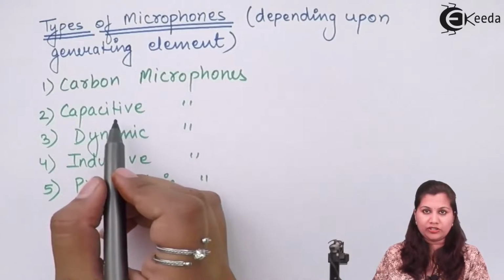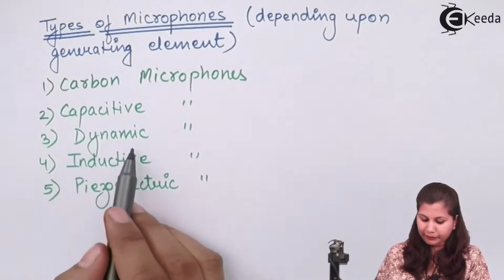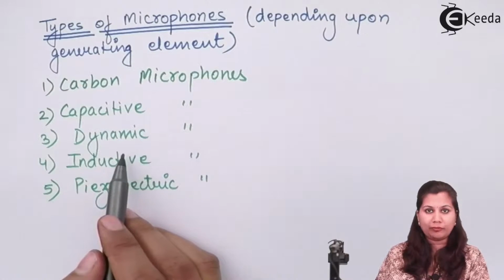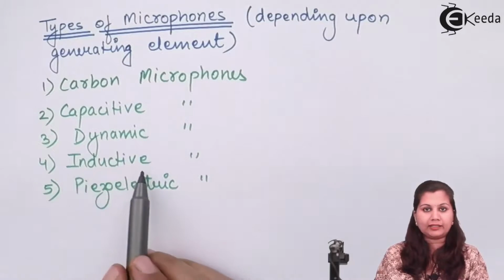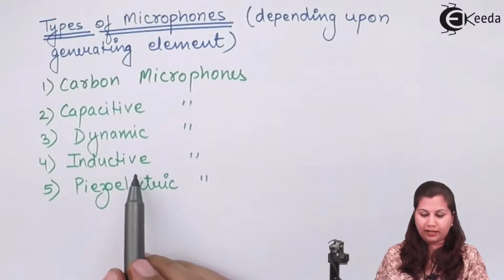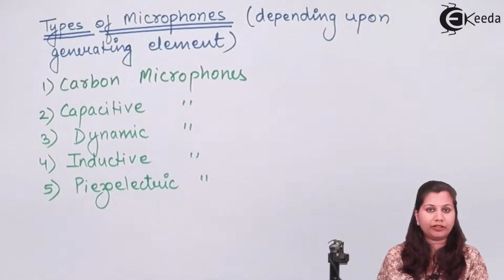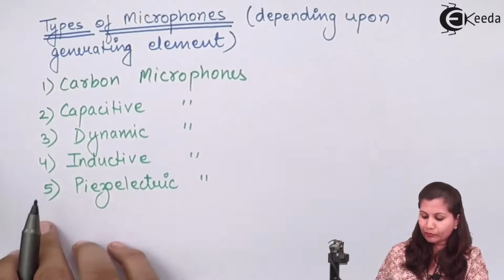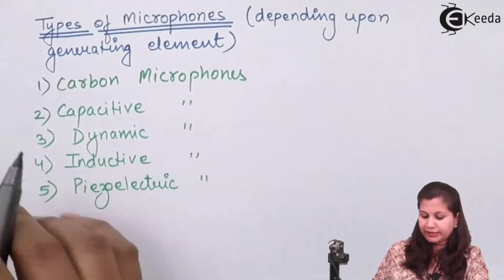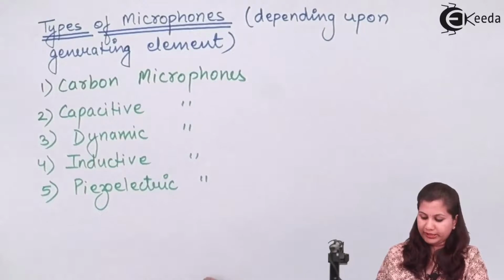Capacitive, there will be a change in capacitance. The dynamic type depends upon the electromagnetic principle. Inductive type, there will be a change in the inductance, and piezoelectric type, there will be a change in the frequency. Okay, so let us study these types of microphones in detail. First we will start with the carbon microphones.